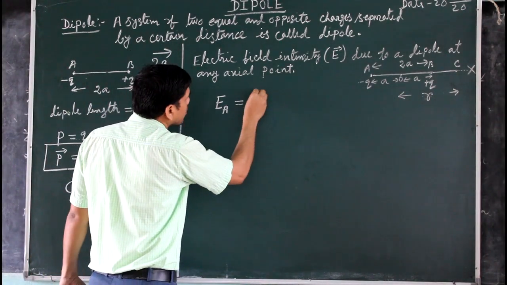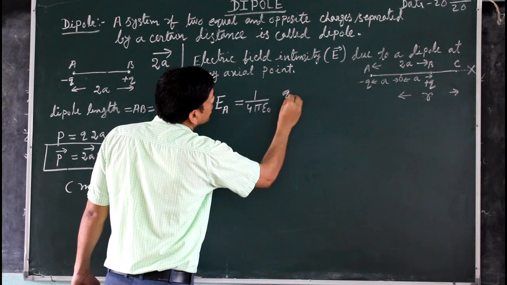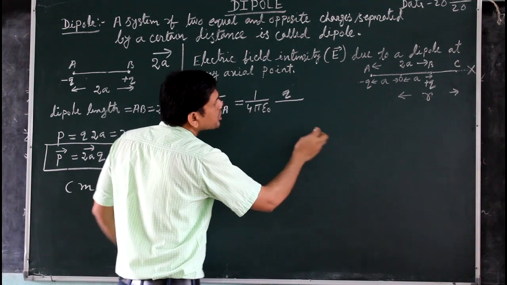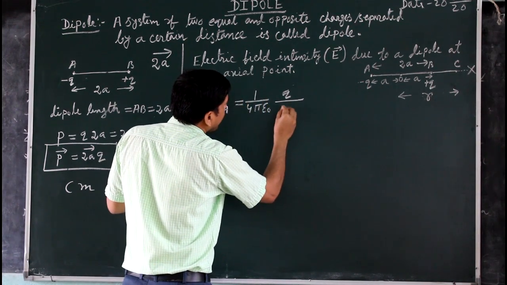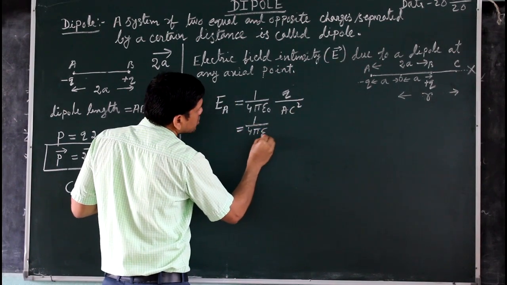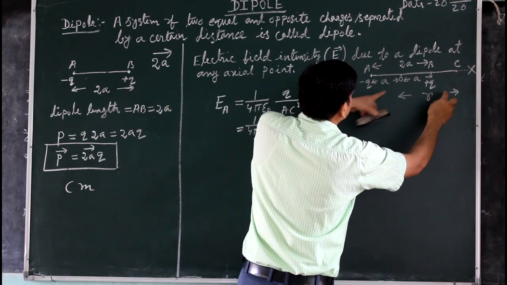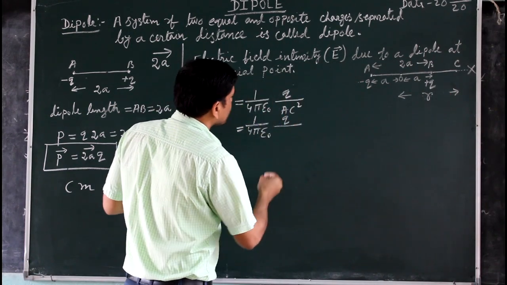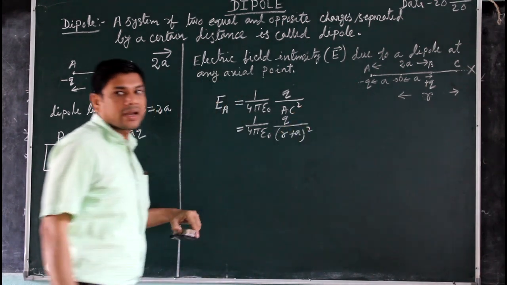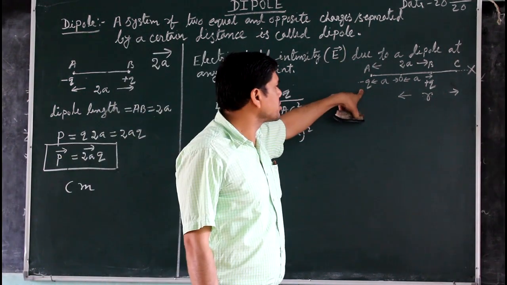So according to the formula, EA equals 1 by 4 pi epsilon naught times q by AC squared. AC is this distance, which is equal to (r plus a) whole squared. This is the magnitude of the electric field intensity at point C due to this minus q charge.